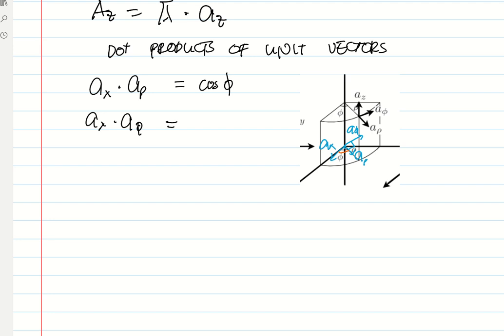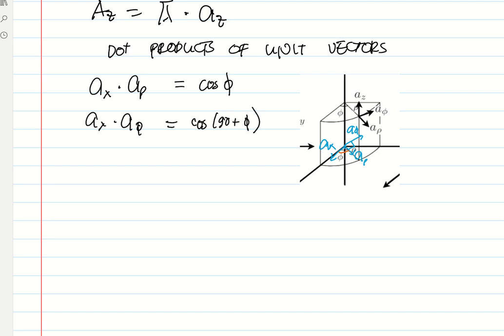They are always perpendicular, so this is 90 degrees. Then the angle between a x and a phi is just equal to 90 plus phi, so this is the cosine of 90 plus phi.